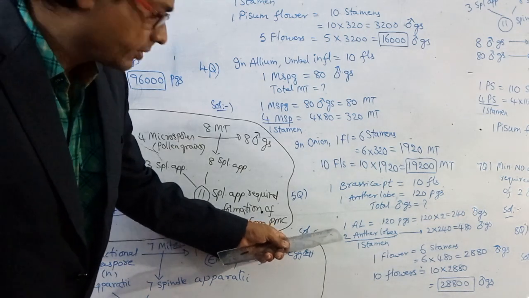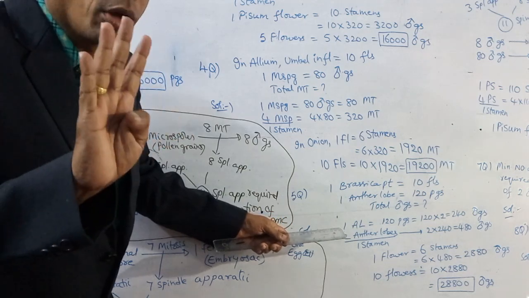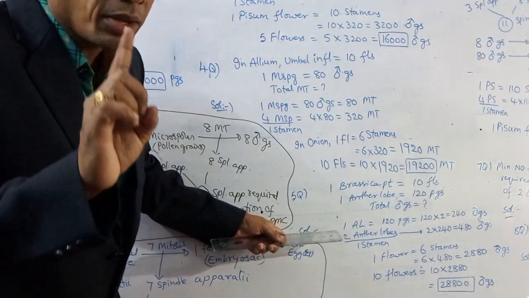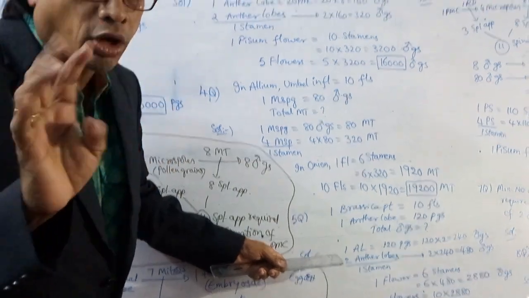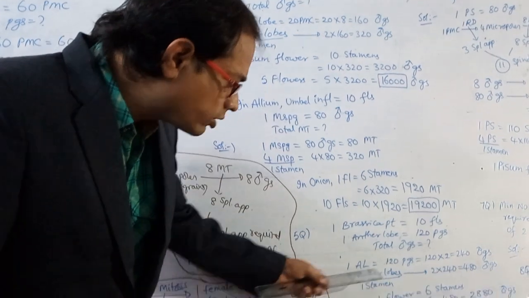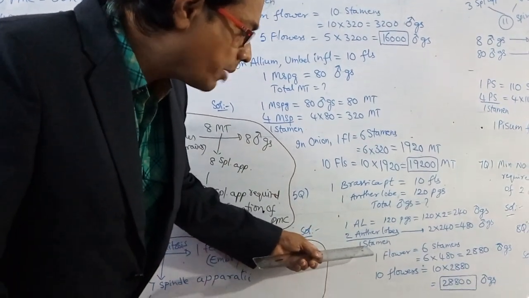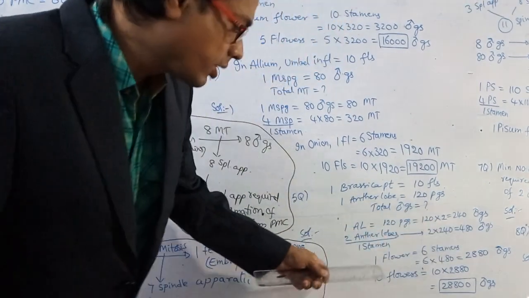Is it clear? So for 2 anther lobes, do not consider 4 anther lobes. In dithecous stamen, 2 anther lobes are present, not 4 anther lobes. 4 microsporangia are present. So 2 anther lobes in one stamen. So 2 into 240, 480 male gametes.